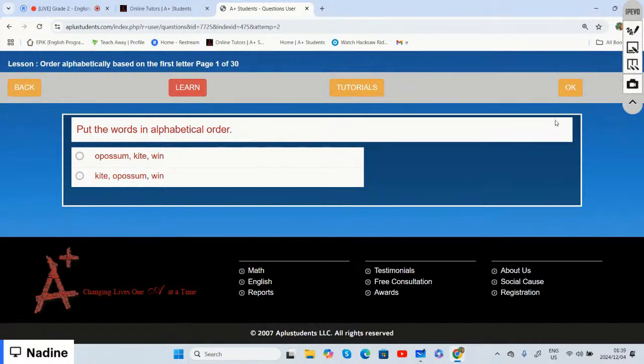Is it opossum, kite, and then we have win? Or is it option two, which is kite, opossum, and win?